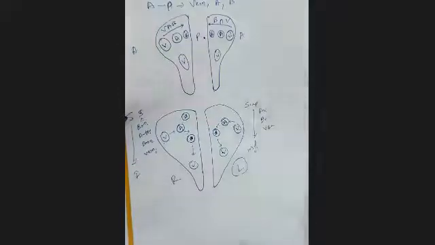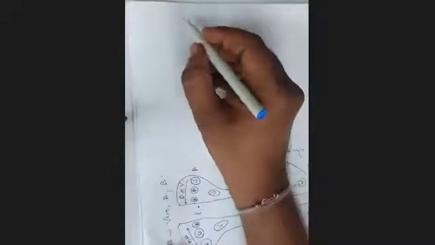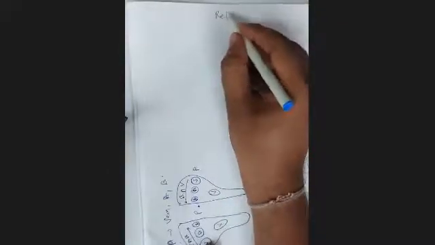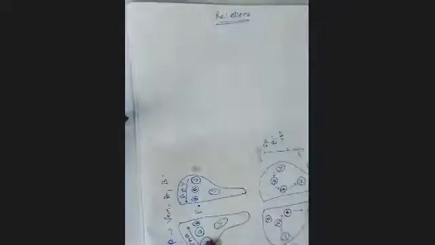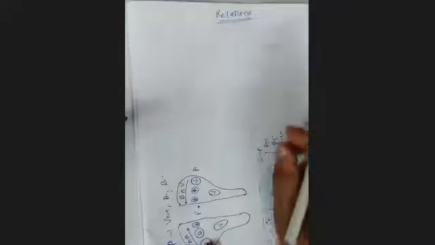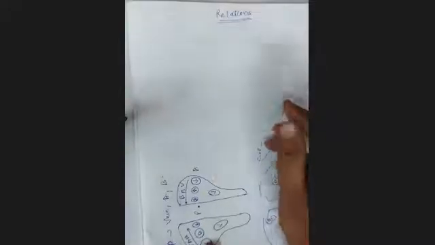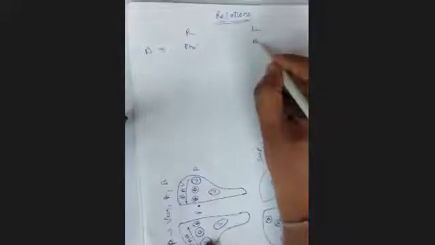Okay. Now let us see the relations of this root. In this root of the lung, anteriorly on both the right and left side is the phrenic nerve.